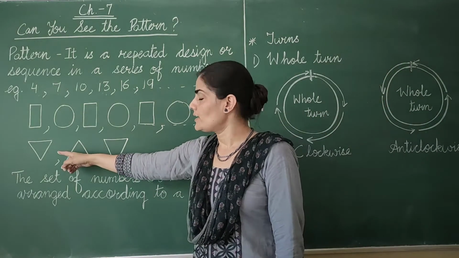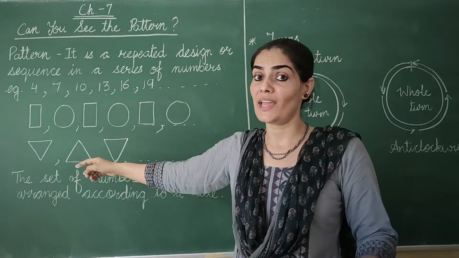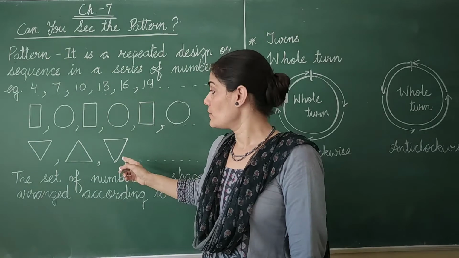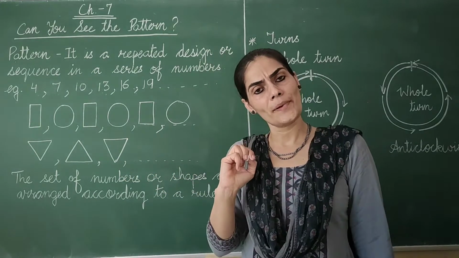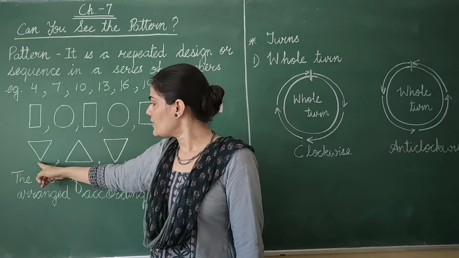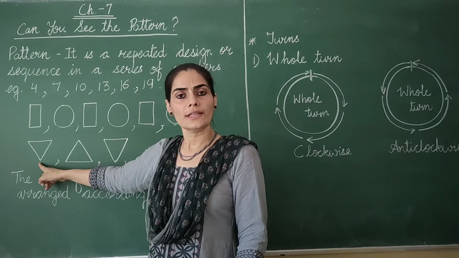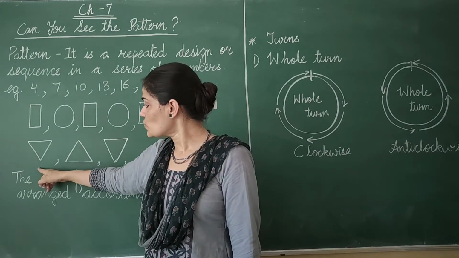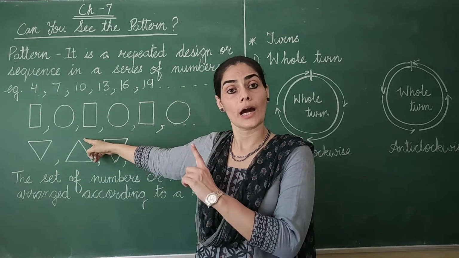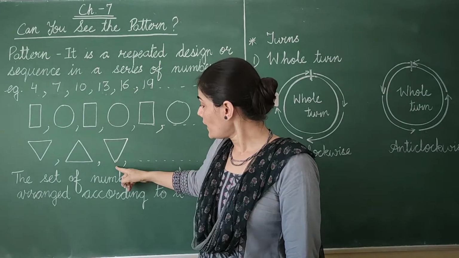Now what is happening here? Again, this is a pattern which is made with geometrical shapes. We see the triangles. But these triangles are placed in different ways. If I take this as the tip of the triangle, then this tip is pointing downwards. In the second one, it is pointing upwards. Then again downwards.